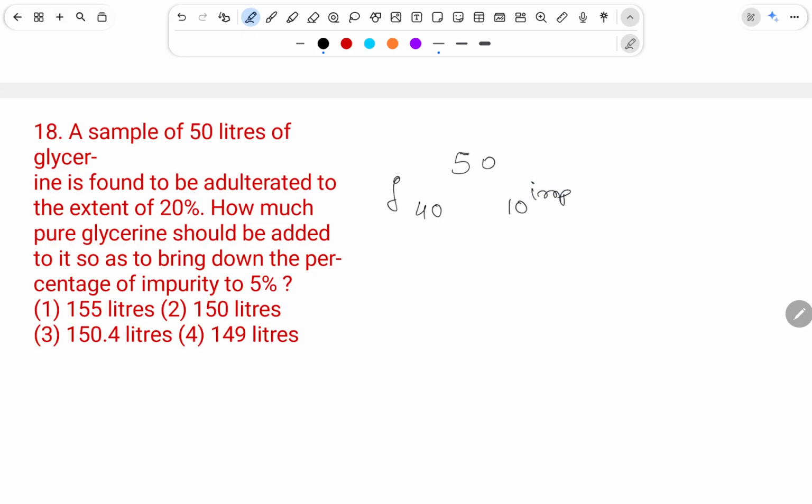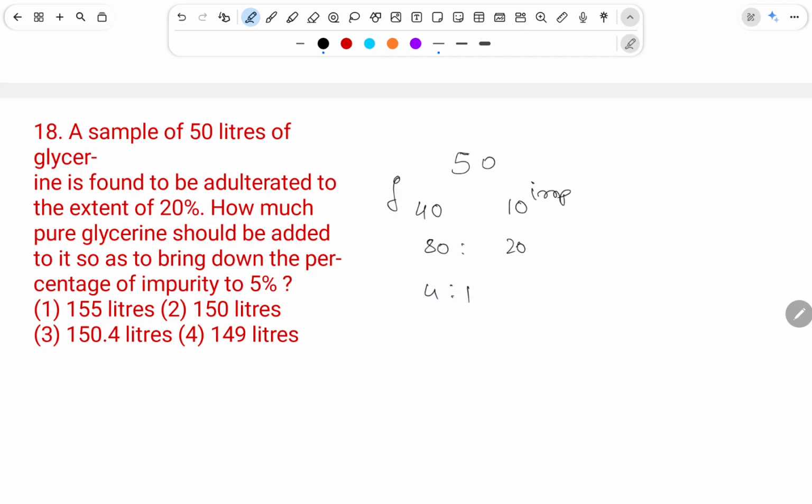How much pure glycerin should be added to it so as to bring down the percentage of impurity to 5%? Actually, impurity is 20%, means pure is 80. That ratio is 4 is to 1.